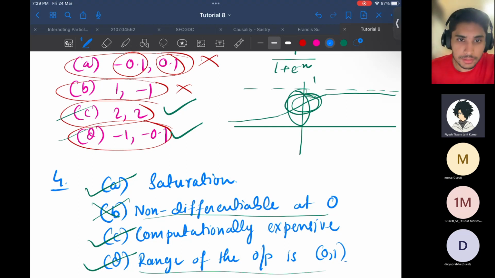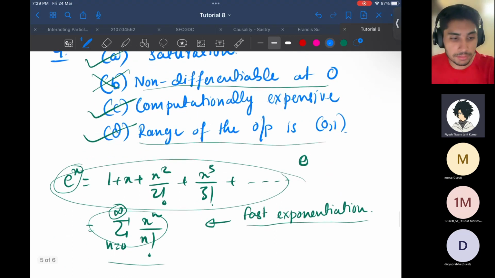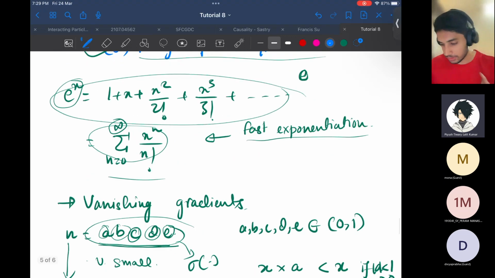What is happening? Let me try something. Control Shift T. Maybe stop sharing and then maybe you get it. I don't know how, but I think some Mac has some issue with Teams. And now it is visible. All right. Okay. Sorry.